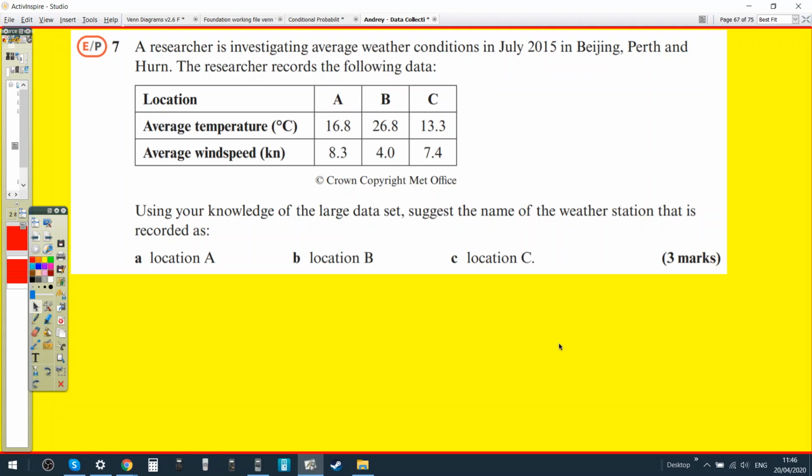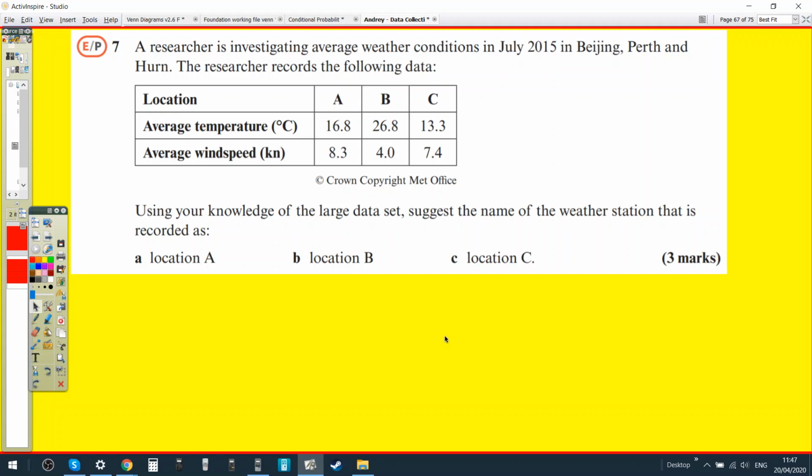Okay, Beijing, Perth, and Hearn. Which is which? Okay, so I'll assume that Beijing's probably.